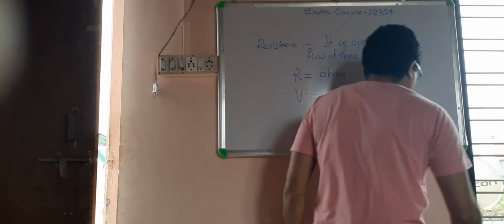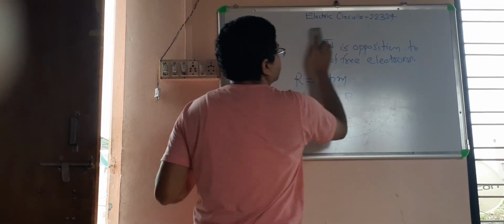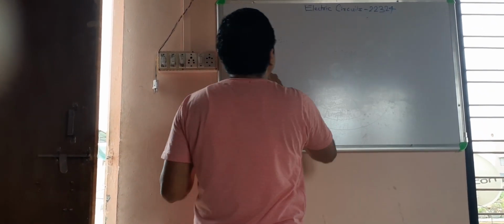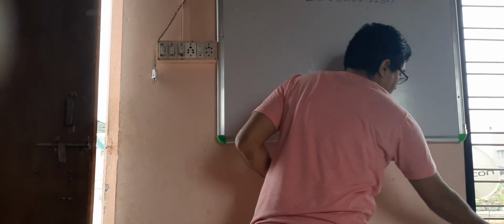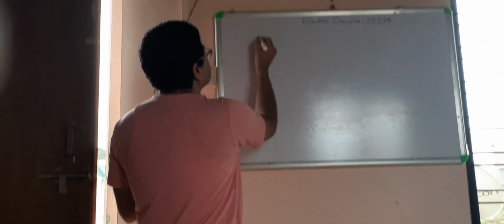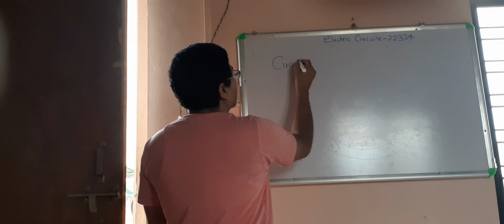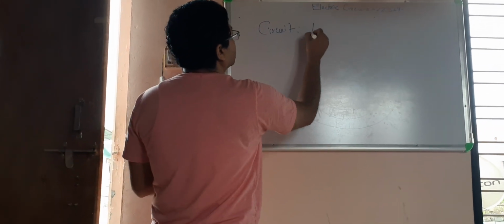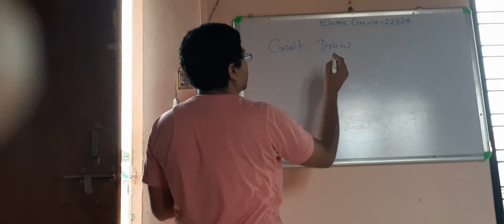Now when components are connected in a particular manner in a closed loop, it is known as a circuit. So we can draw a circuit.